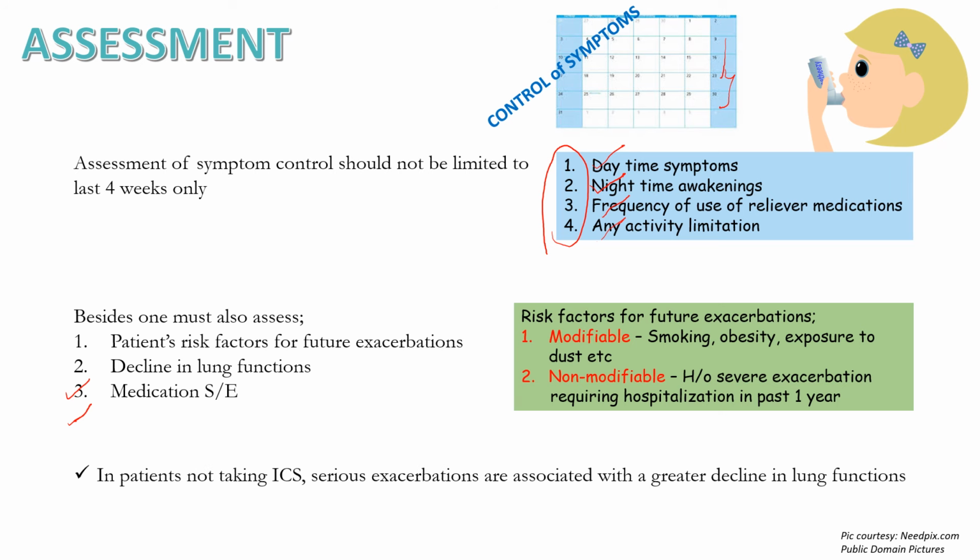In patients who are not taking inhaled corticosteroids, serious exacerbations are associated with a greater decline in lung function. Therefore, the whole stress of GINA in 2024, as in the previous 2 years, is to use inhaled corticosteroids, both as maintenance and reliever therapy.